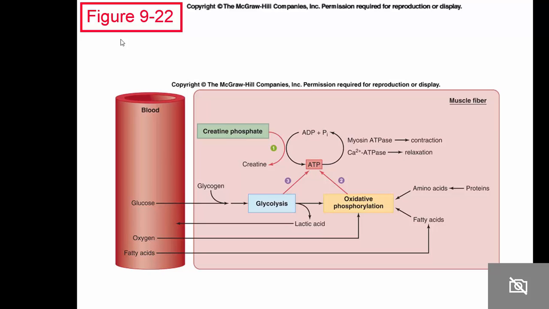If you need energy much more quickly, you can temporarily bypass the Krebs cycle and oxidative phosphorylation, and you can just use glycolysis to make ATP. The problem is that glycolysis doesn't make as much ATP as the entire process would. You're getting a few ATP out of this, whereas you're getting 30, depends on how you count it, 34, 36, 38 ATP every time you go through this cycle.